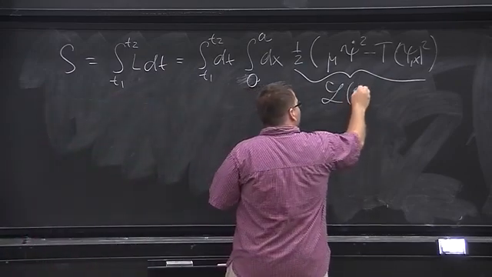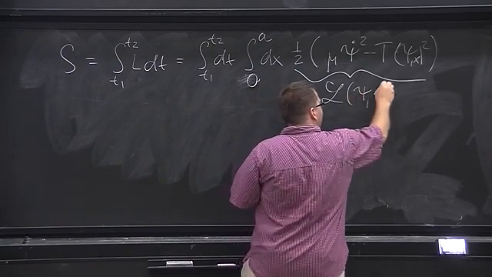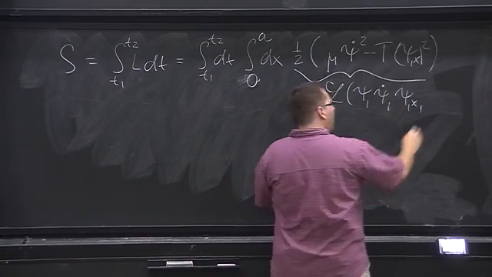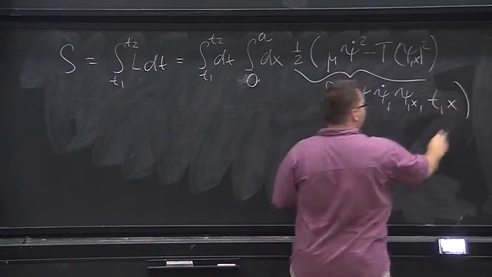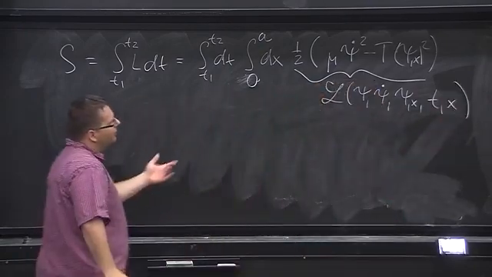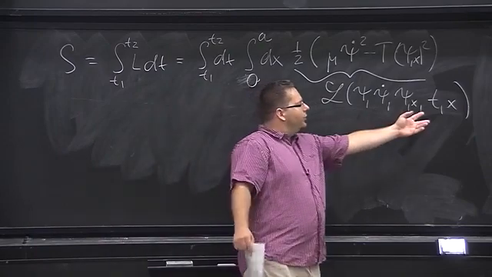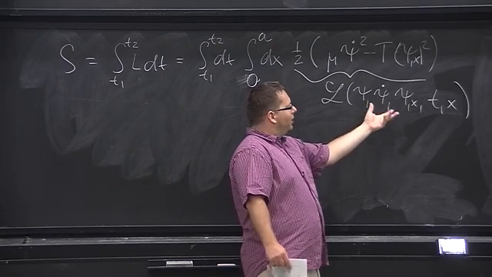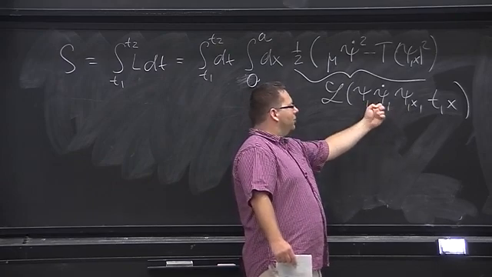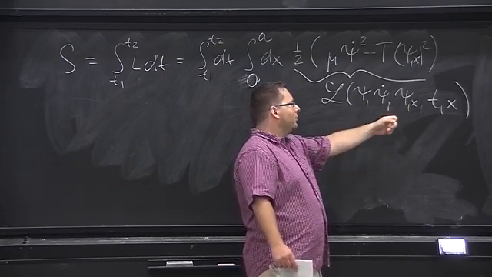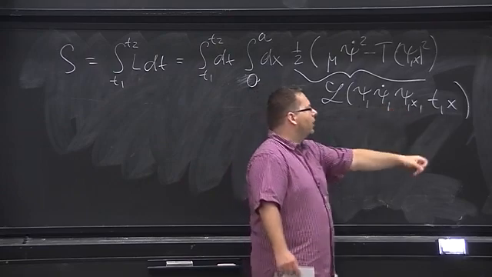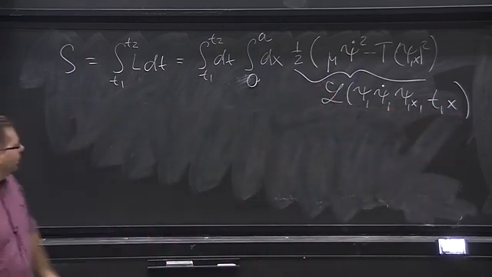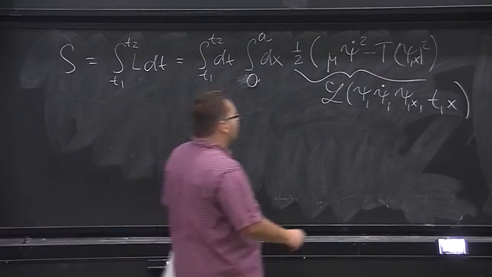And in principle, it depends on psi, psi dot, psi x, and t and x. Right? So before it depended on q and q dot and t, but now we replace q with psi. But psi is a function of both t and x, so it can depend on the derivative with respect to time, on the derivative with respect to the x direction, and t and x are your labels now. So this is called the Lagrangian density.